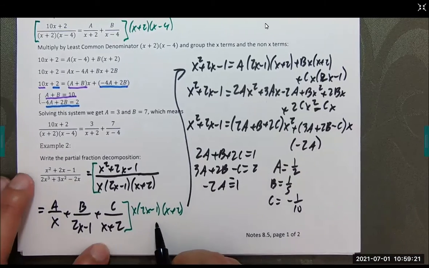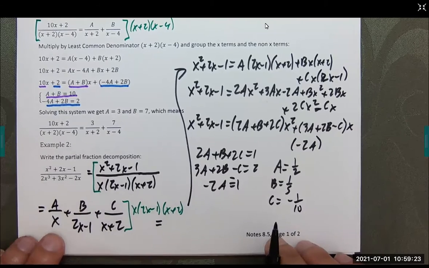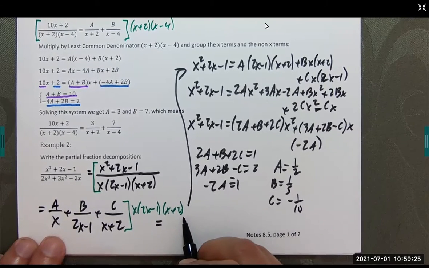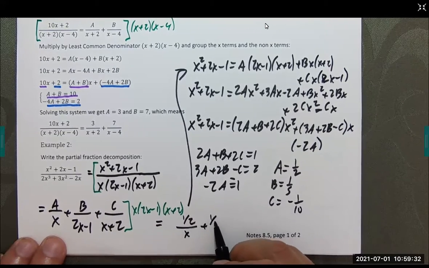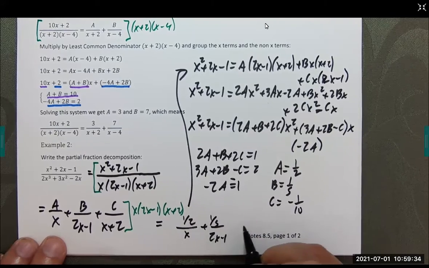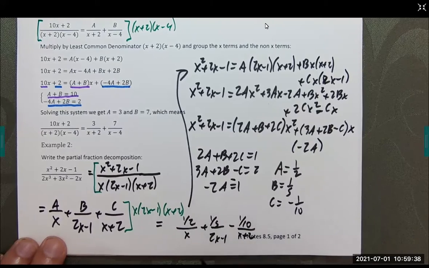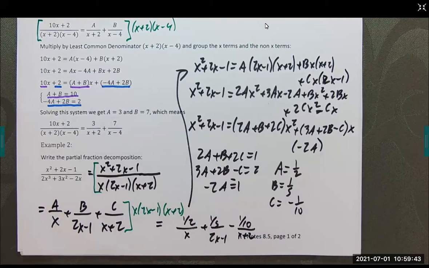So we get here that our original expression is going to be 1/2 over x plus 1/5 over 2x minus 1 minus 1/10 over x plus 2. So I did skip a step or two to fit in the space and to get the algebra down, but you can go through and fill in the blanks and definitely work that out.